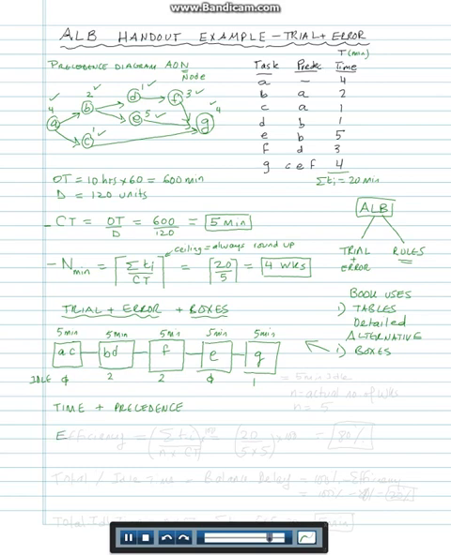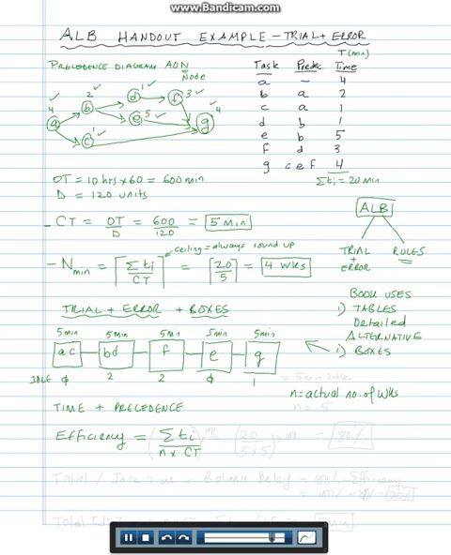What are the metrics that are relevant for this assembly line problem? Efficiency of the assembly line is calculated by taking the sum of the time that it actually takes the tasks divided by little n multiplied by the cycle time. Little n is the actual number of workstations.